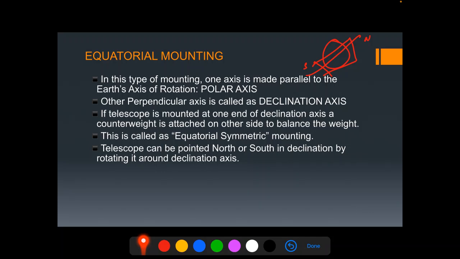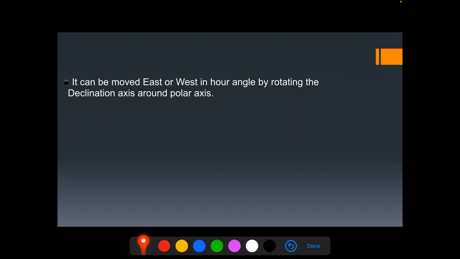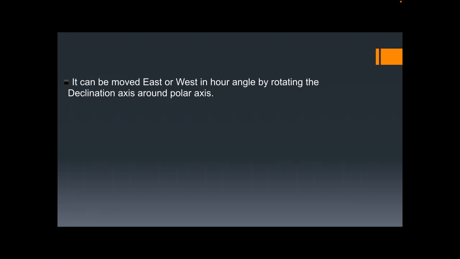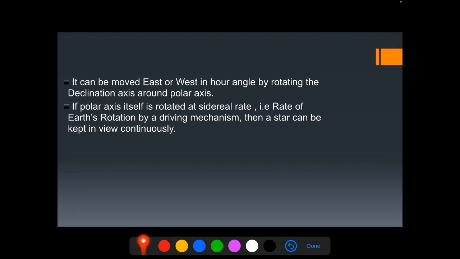So the telescope can be pointed north or south by rotating it around the declination axis, and it can be moved east or west in right ascension by rotating the declination axis around the polar axis. Both these axes are perpendicular to each other, getting it? So one axis gives us the movement in the north south direction, the other axis gives us the movement in the east west direction.